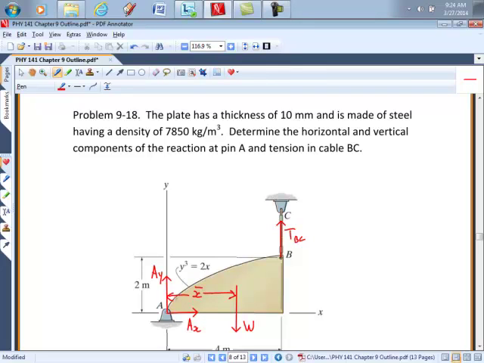So this one's actually similar to the previous one in that we're going to have to find the weight and the centroid before I can solve for the equations of equilibrium. So what should we find first?